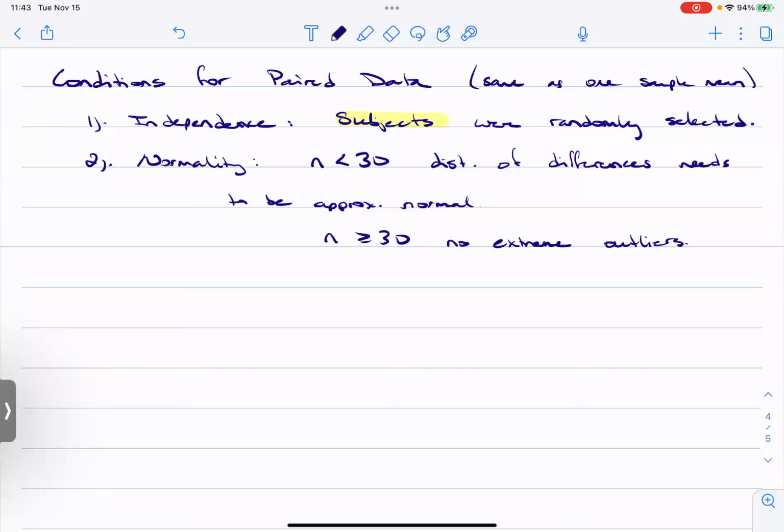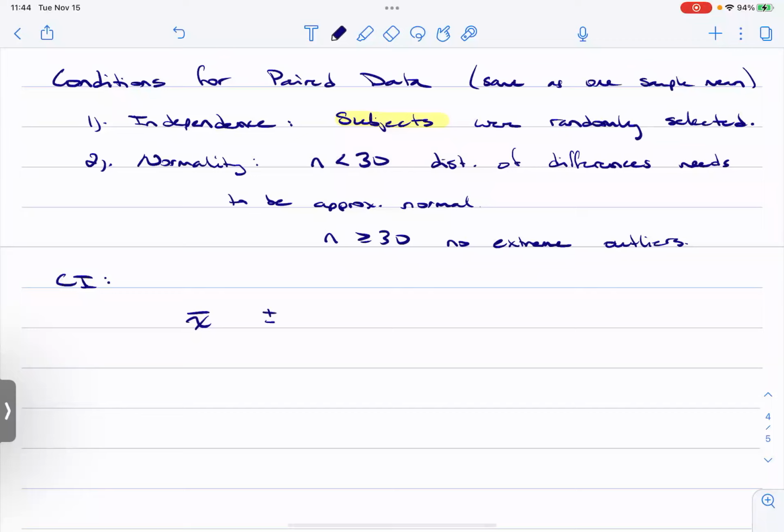In terms of a confidence interval, it's going to be the same formula that we had before, and we can apply the same interpretation as long as we're interpreting the mean of the differences. I'm going to put a little subscript diff on everything that's from the sample, and that's the only thing that changes.